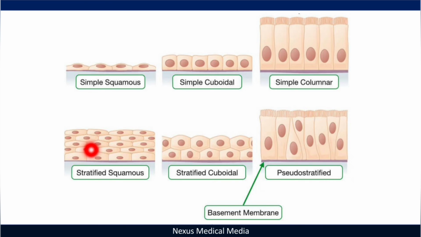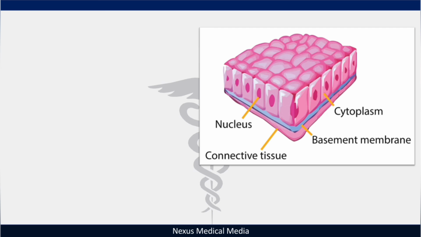This one is stratified squamous because there are a lot of layers, and they are flat. Stratified cuboidal, and this one is actually pseudostratified. You can see all cells are attached to the basement membrane, but not all of them reach the apical surface.